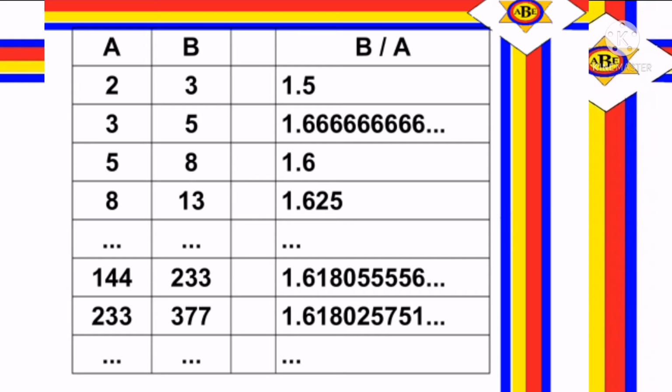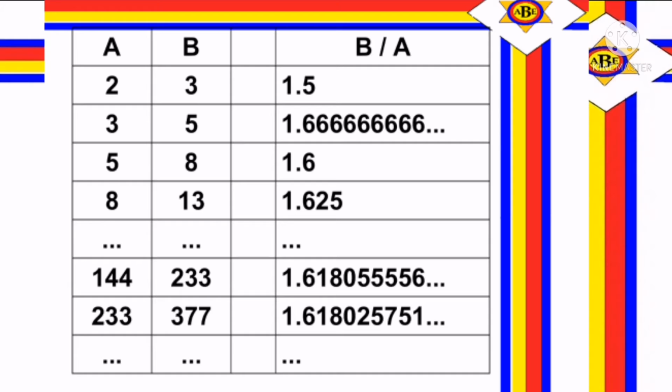Then we got 1.6666666 from 5 divided by 3. Then we have 8 divided by 5, 1.6. And then 13 divided by 8, we have 1.625. Then for 233 divided by 144, we have 1.618055556.